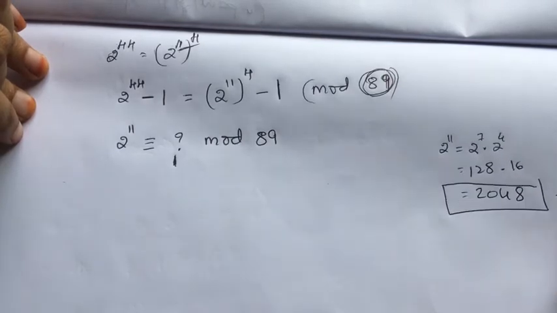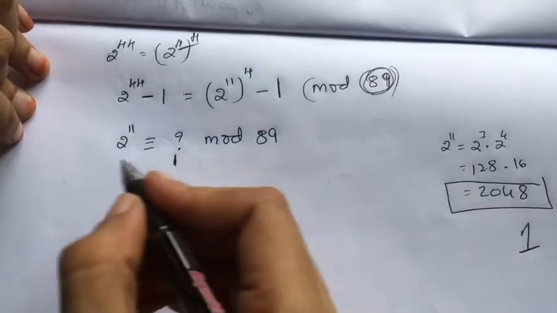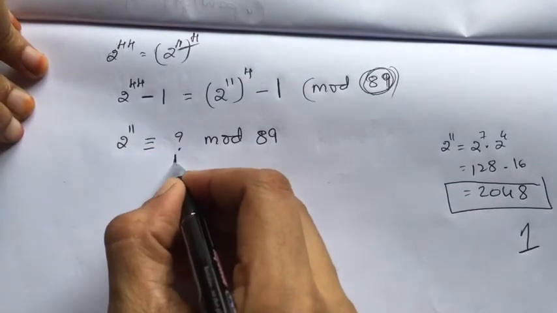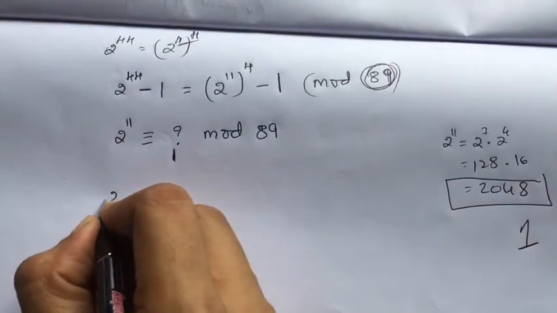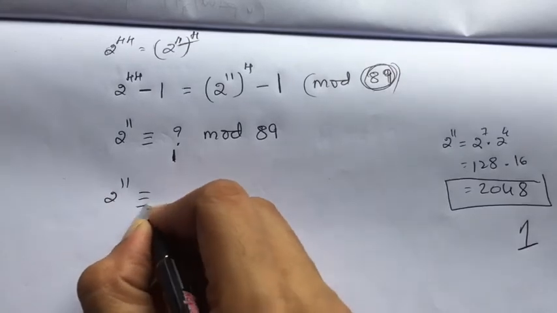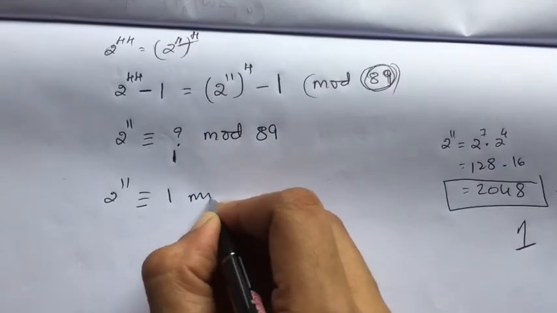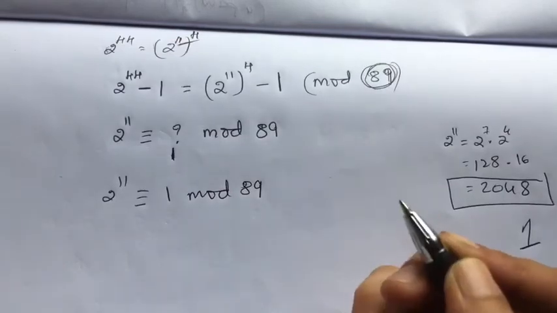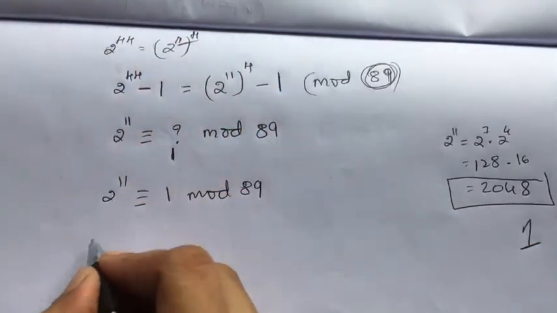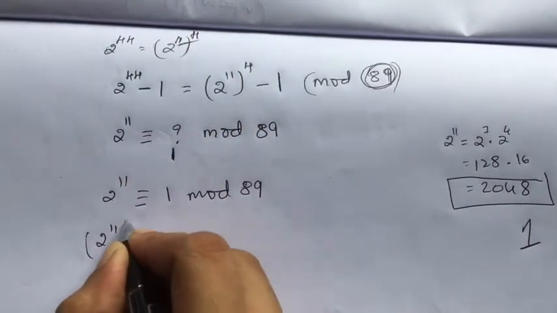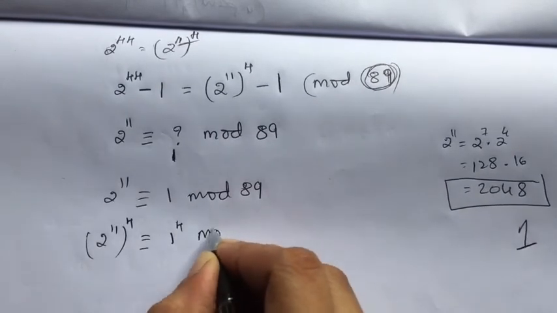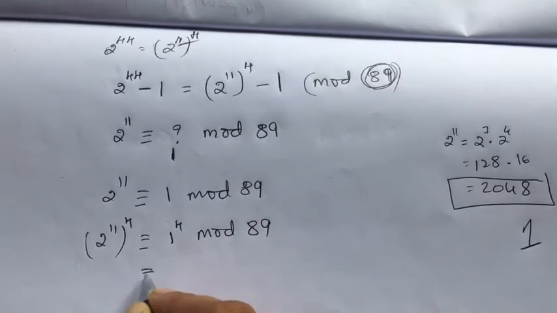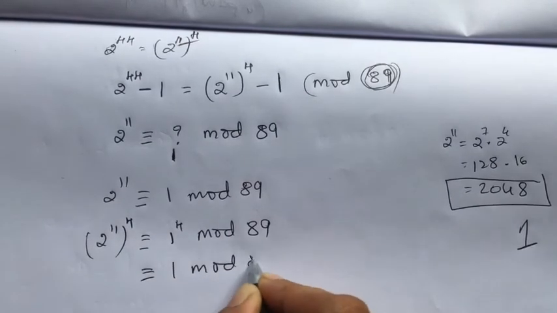When I divide this by 89, I'm getting remainder as 1. Okay, so 2 to the power 11 is congruent to 1 mod 89. I repeat, 2 to the power 11 is congruent to 1 mod 89. I want 2 to the power 44, so 2 to the power 11 power 4, 1 power 4 mod 89, which is congruent to 1 mod 89.